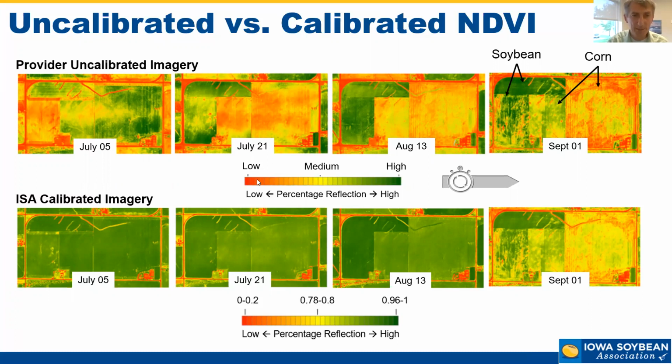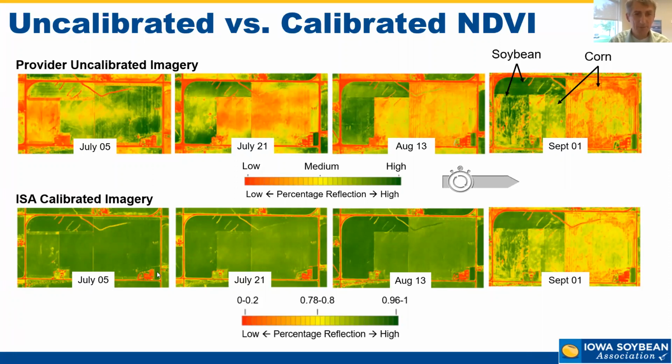The red indicates lower biomass. And you may notice that there is some inconsistency with colors. If you look at this cornfield here, it was yellow, became red, and then became yellow, and so on. So the image is only good for one date. There is no way to make comparisons between dates across time.